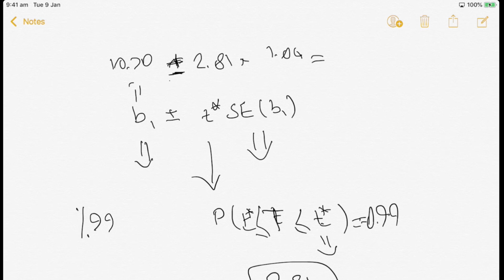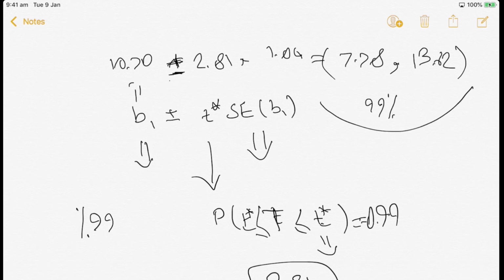That would be 7.78 and 13.62. That's our confidence interval. That means with 99% probability, the value would fall in this interval. All right.